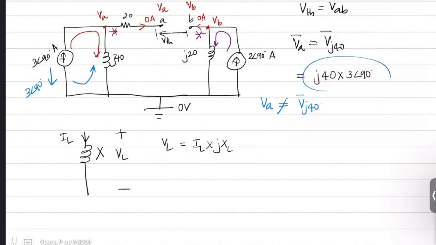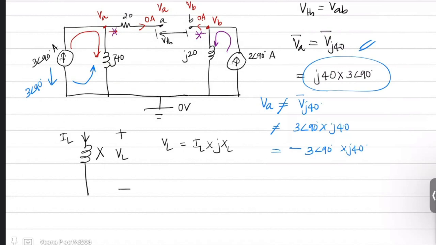If VJ40 is this, that means VA is not 3 angle 90 times J40, but it is minus 3 angle 90 into J40. But in the given problem, we don't have to think about it. Even if you don't know this, you default right like this way. But always make sure that the polarity is satisfied. So the current always flows from higher potential to lower potential.